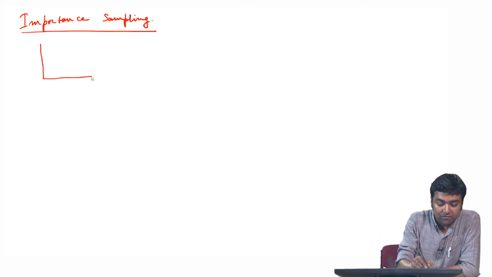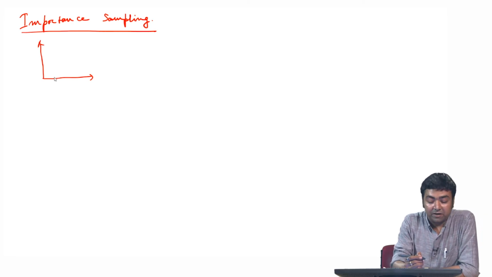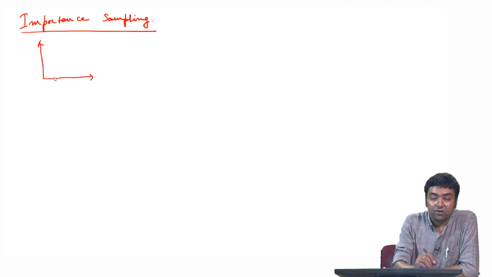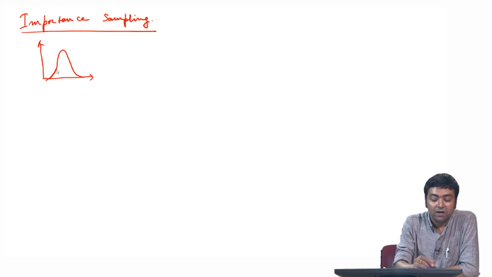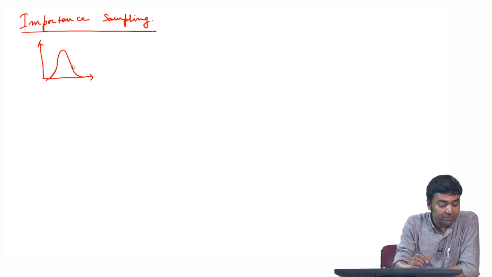Basically, I need to generate random numbers whose distribution has a shape that matches the shape of the function. So, if I have a Gaussian function which I want to integrate, I would prefer a set of random numbers which has a normal or Gaussian distribution rather than one which has a uniform distribution.